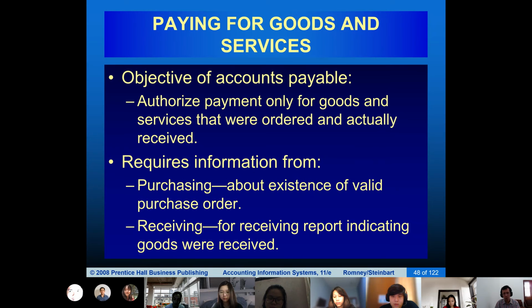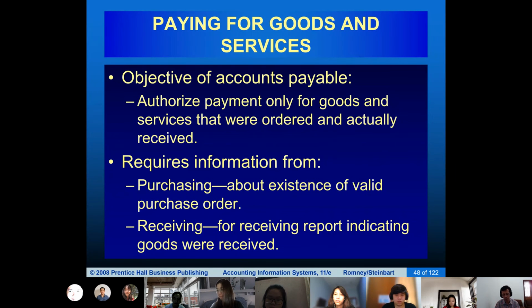The invoice needs to be matched with the purchase order and also the receiving report. The purchase order verifies that we indeed ordered this product. The receiving report verifies that we indeed received the ordered product. So we match them with the invoice, and if it's matched, accounts payable will authorize the payment.